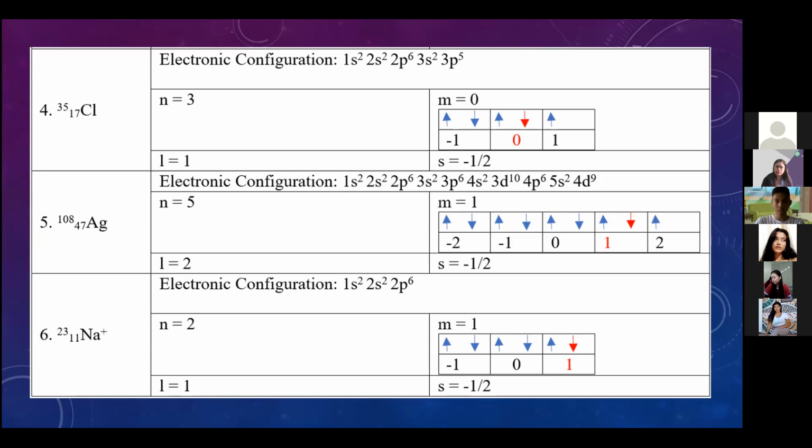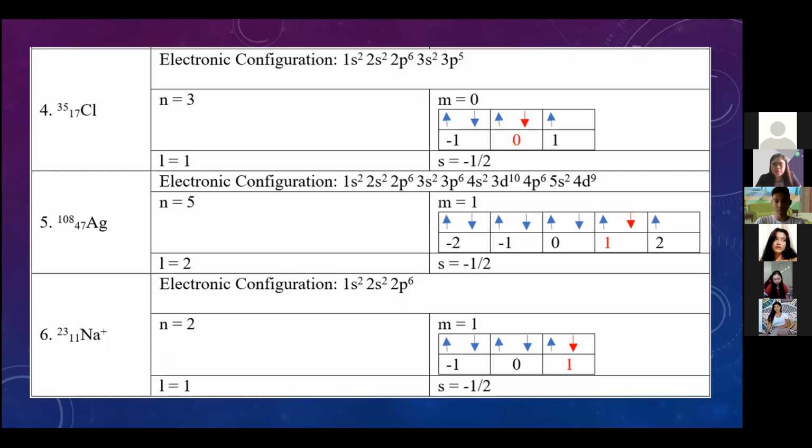Looking at the last letter of our electronic configuration, which is p, the value of p for the angular quantum number is equal to 1. Keep in mind that s is equal to 0, p is equal to 1, d is equal to 2, and f is equal to 3. Since the last letter is p and its value is 1, therefore l is equal to 1.